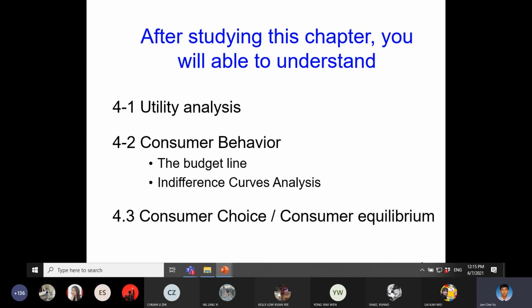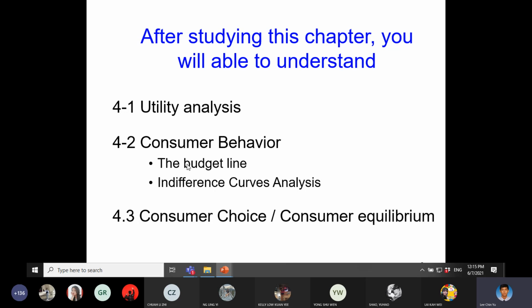We have the one called ordinal, the other called cardinal. In this principle of microeconomics, we are using cardinal, the one that can be calculated. Some of you might ask, how come utility we can calculate? Later on we discuss again.